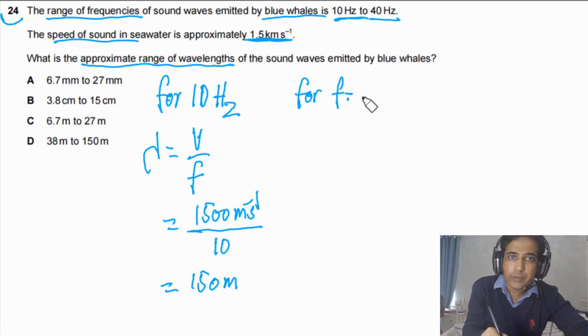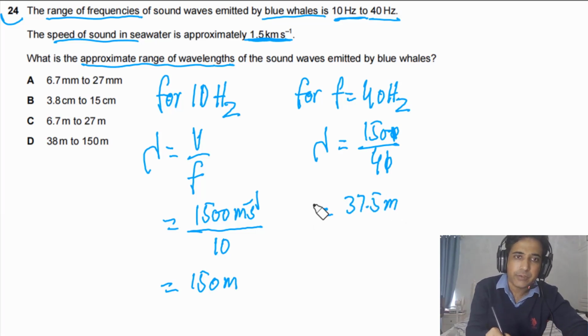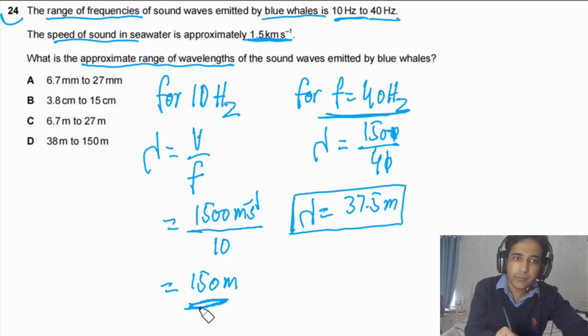For F equal to 40 Hz, lambda will be equal to 1500 divided by 40. This 0 we can cancel with this one. So 150 divided by 4 gives 37.5 meters. So this is the value of lambda for this frequency, and here we have lambda for 10 Hz.